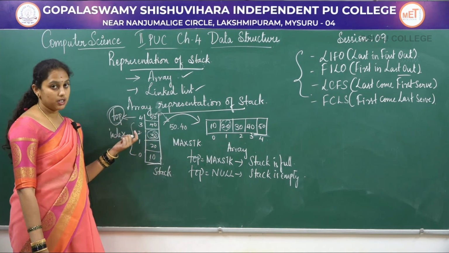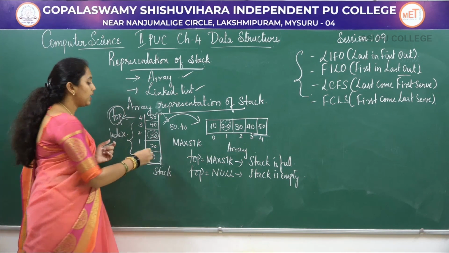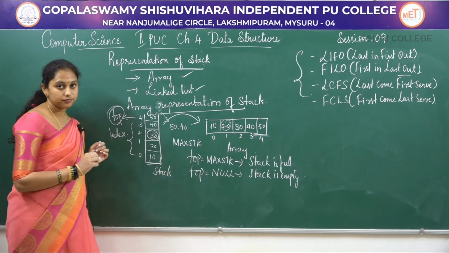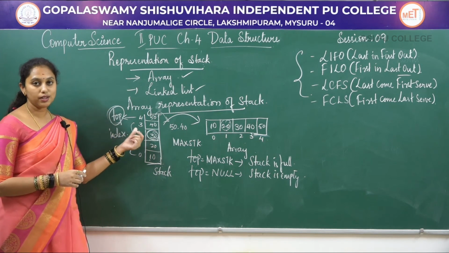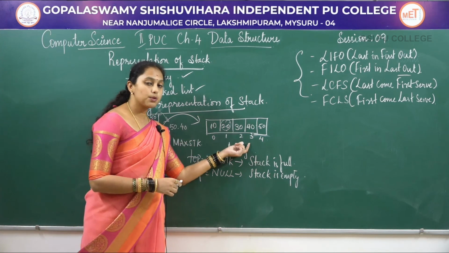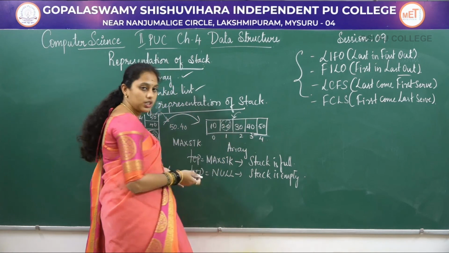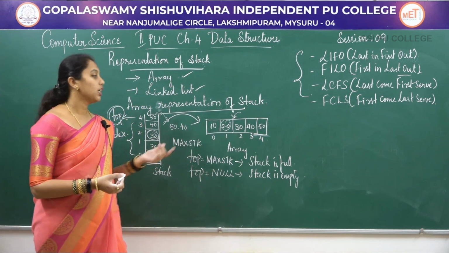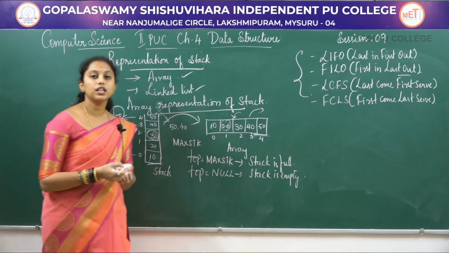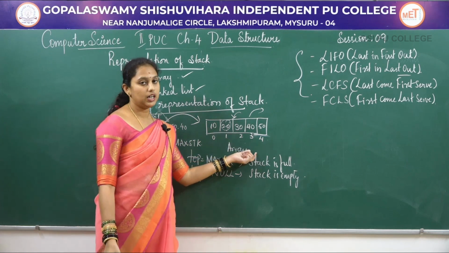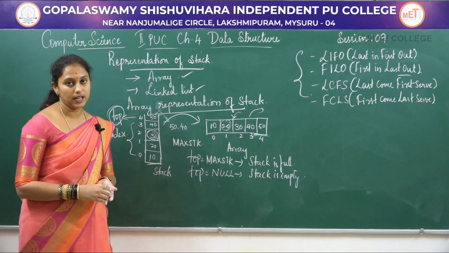If I want to remove an element called 30, first I have to remove 50 as well as 40. But in an array, I can add an item in the middle, or directly delete an item called 40. So this is a major difference between array and stack.